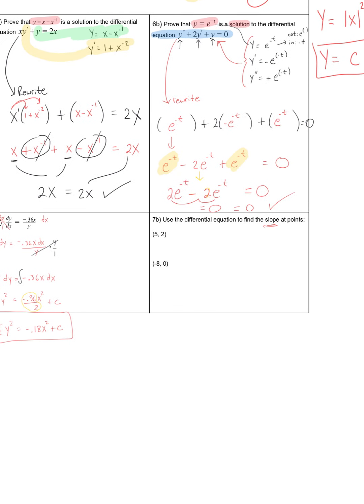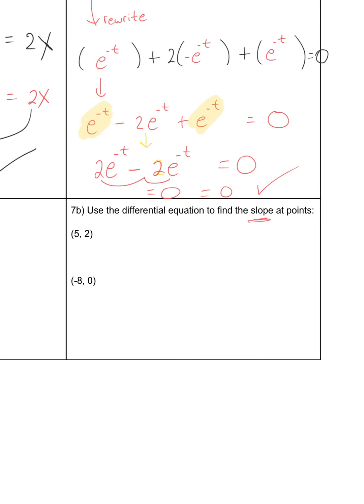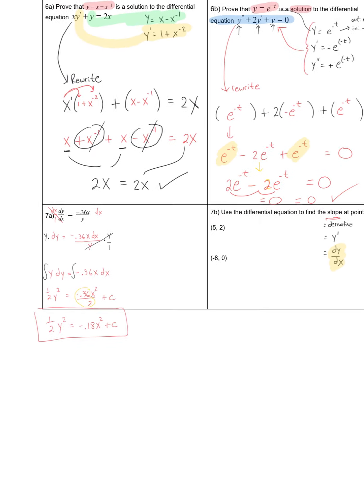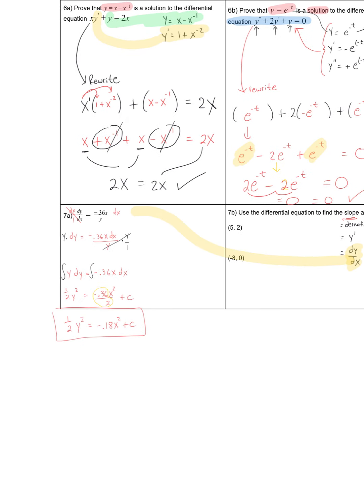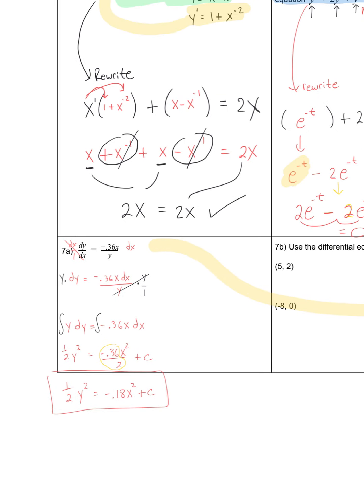We can also use a differential equation to find the slope. If you remember, the slope is the same as the derivative, which is the same as y prime, which is the same as dy dx. So let's go over here to this differential equation. Let me get rid of the work from the last problem so we can see it.